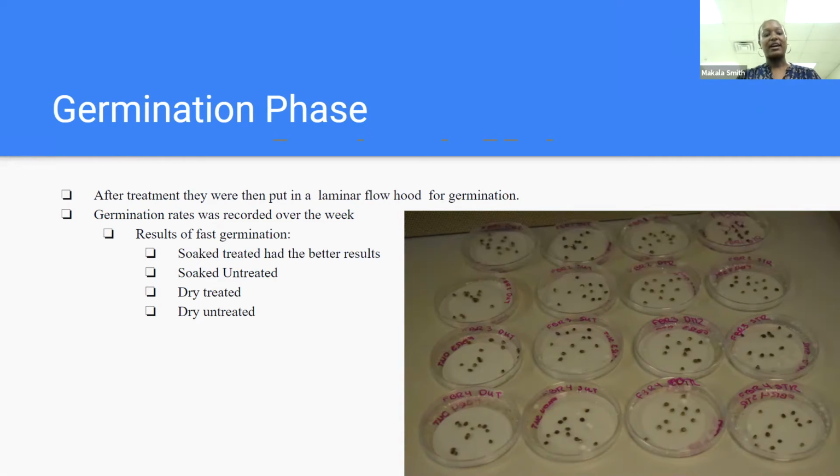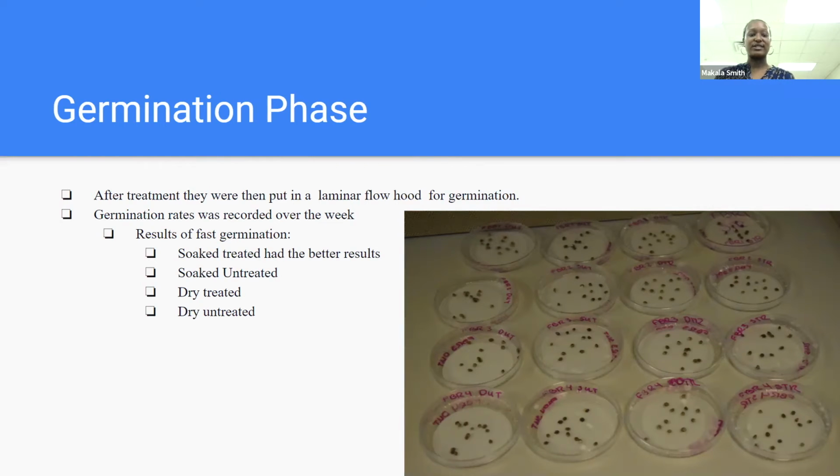After that, germination rates were recorded over the next week. We had a very strict schedule, a time ratio of leaving them in sun and dark and watering them. Basically, it was an everyday thing of keeping track of how it should look.